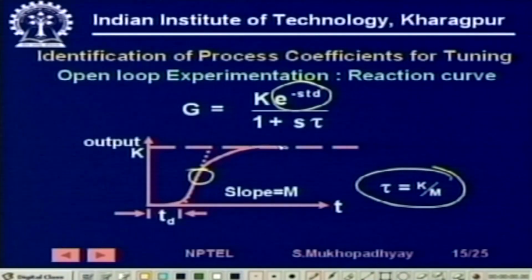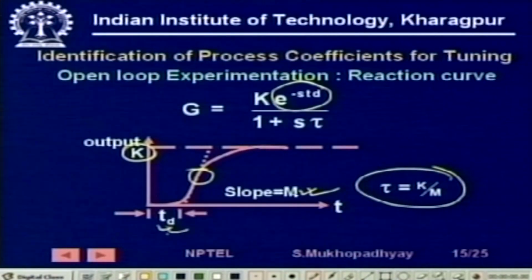So perform an experiment, assume that the plant is of this form, which is a reasonable approximation for many plants, and measure the value of Td and the slope m. Based on the final settling value, you get the value of k. So after the experiment, you know Td, k, and m.